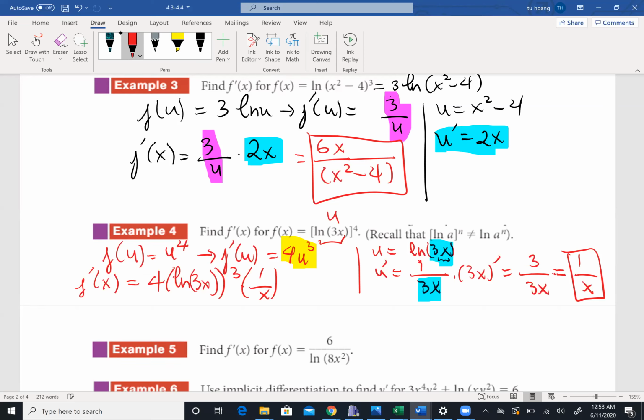Okay, and if you want to combine it, you should have 4 over x times ln 3x, everything to the power 3. And that should be the answer of f derivative of x. Okay.